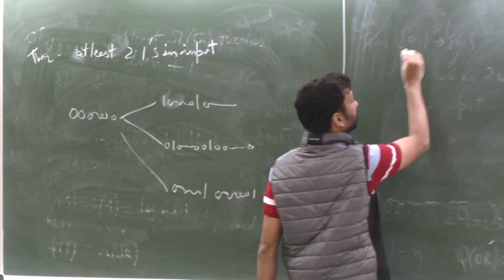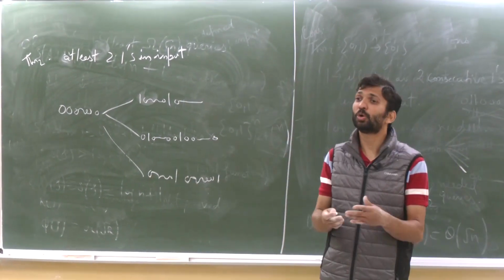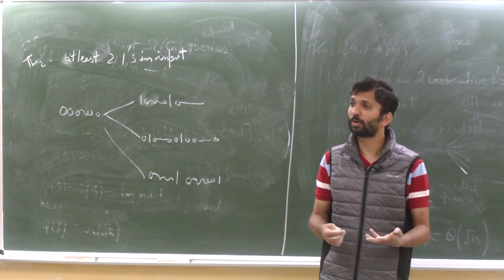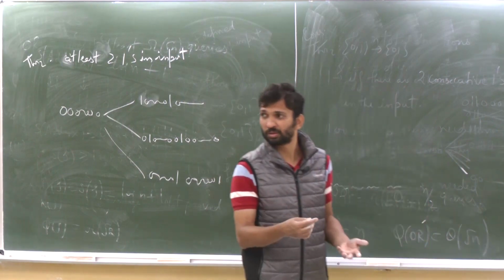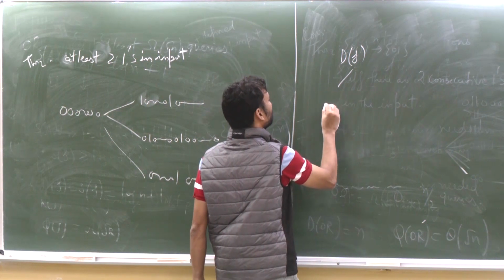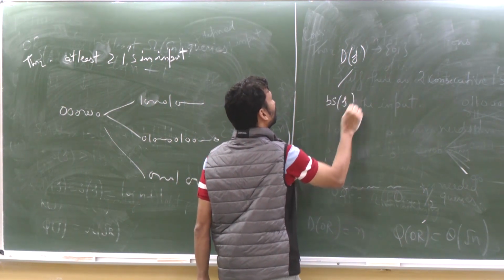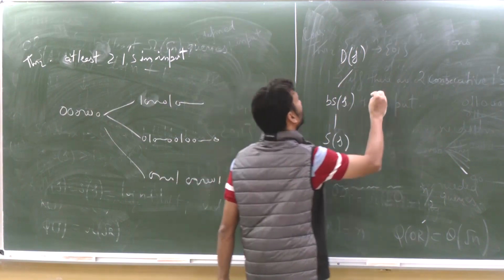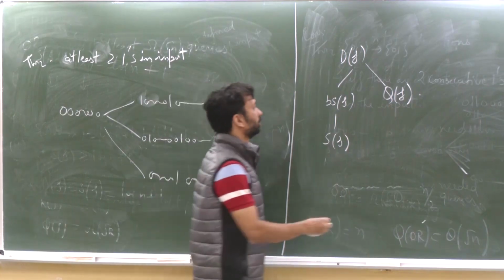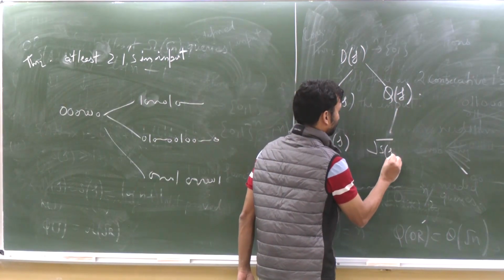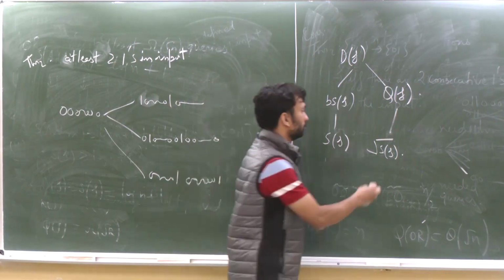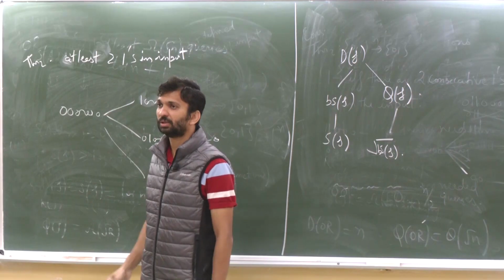Now, the picture. Remember, what was our target? We want to look at df and qf, and we want to bound df by qf to the power 4. So the picture looks like this: square root of sensitivity, or you can say block sensitivity.